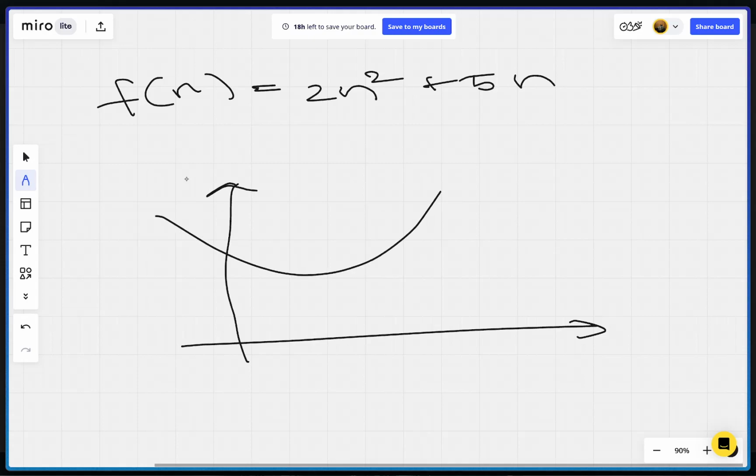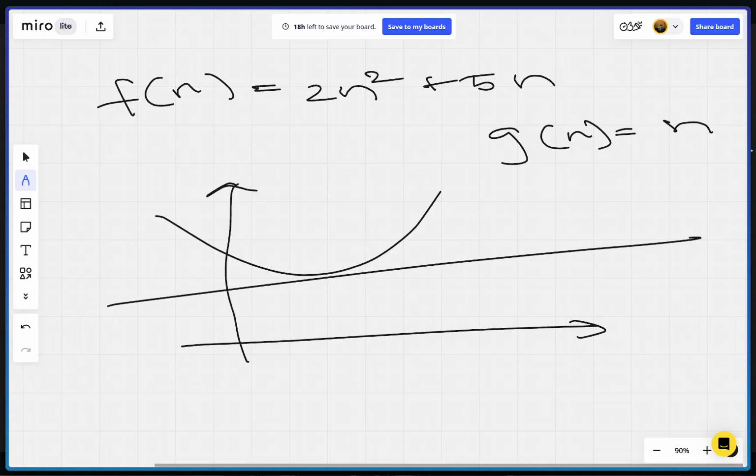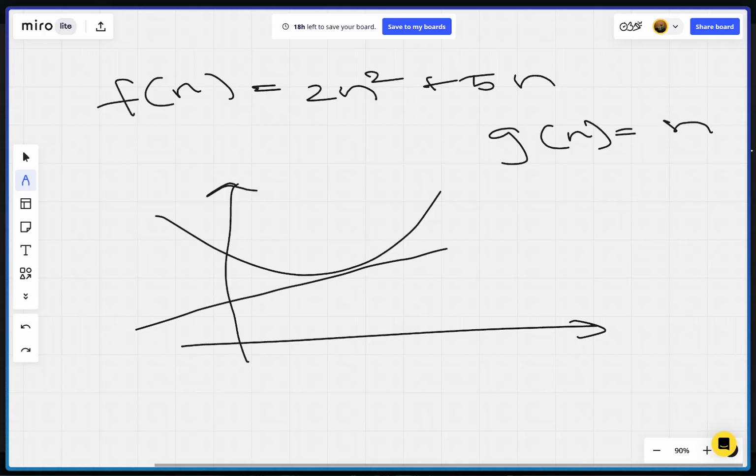And then let's say you take gn equals n as the candidate. So it's going to go like this. Now let's go a little bit above, something like this.